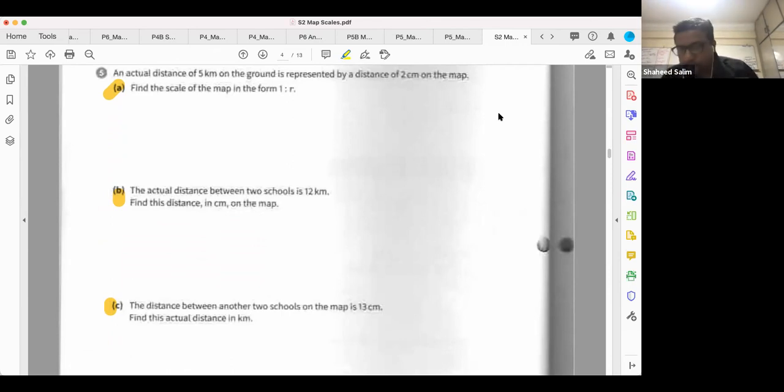Ryan, okay, Ryan? We are doing map skills, scale. Okay, question number 5, ABC. We just started. Question number 5. You know how to do this, right?